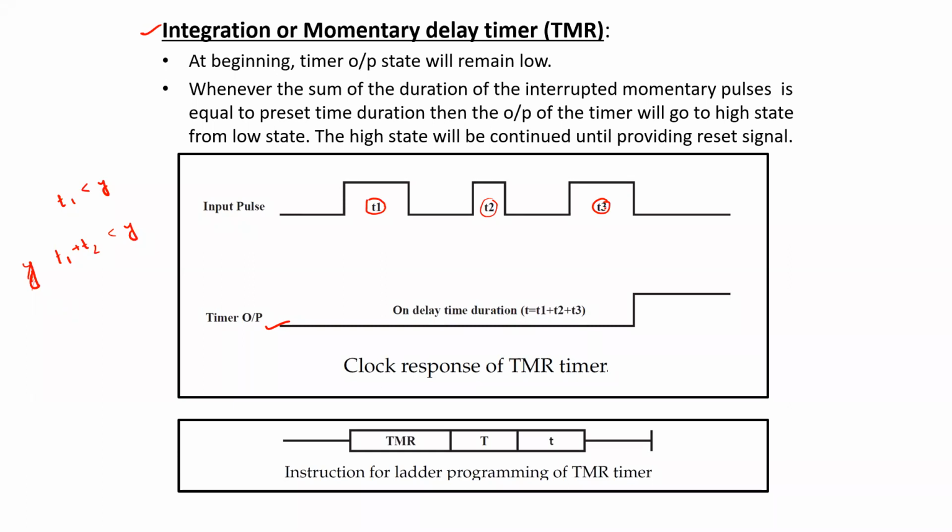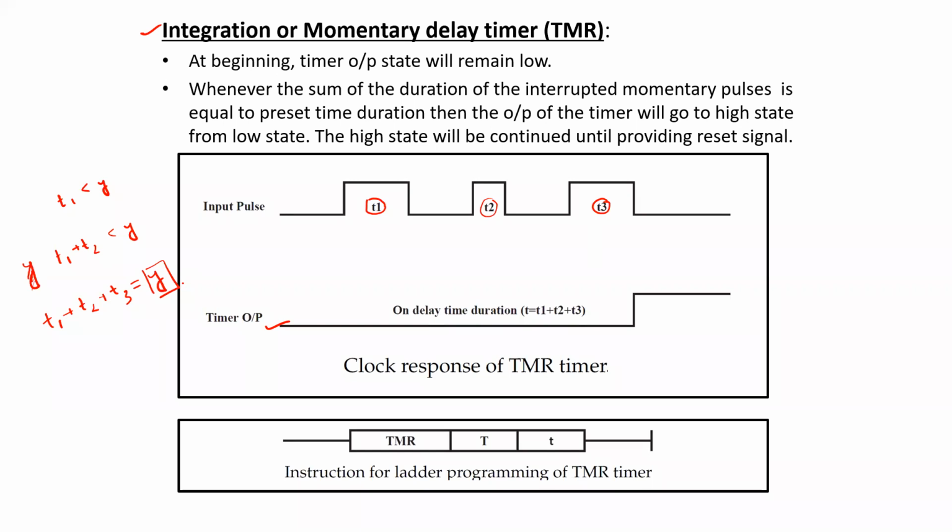When there is this third pulse with t3 duration, let's say t1 plus t2 plus t3 equals the time delay set by the user. So at that time the timer output will go high. So the duration of the individual pulses will be integrated, or accumulated together, and when the sum of their individual durations is equal to the delay set by the user, then the timer output will go high.